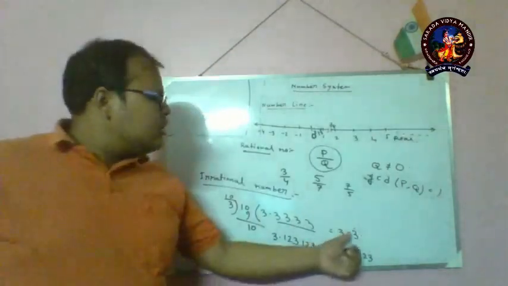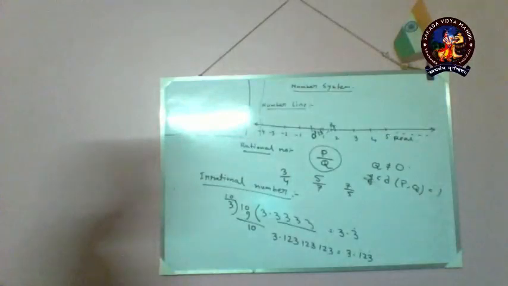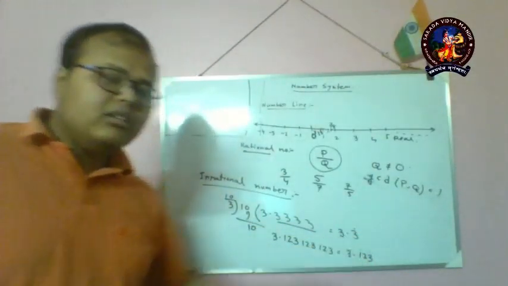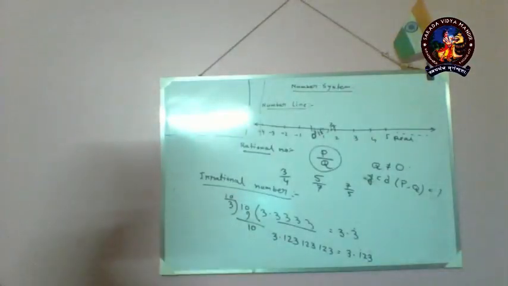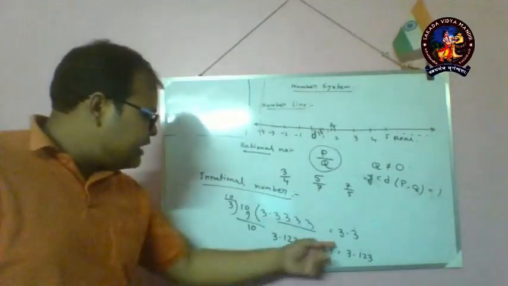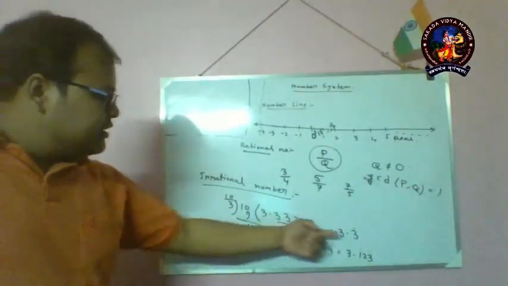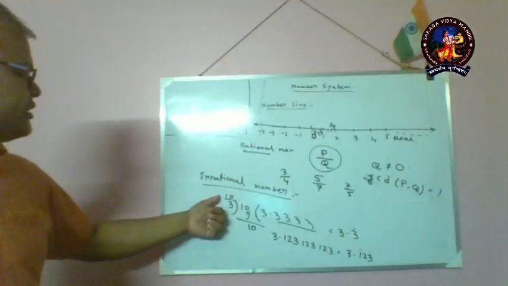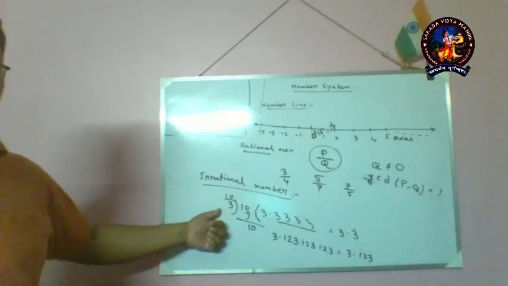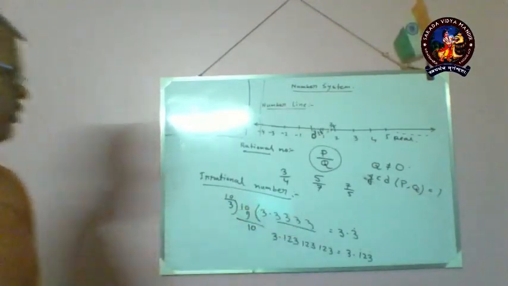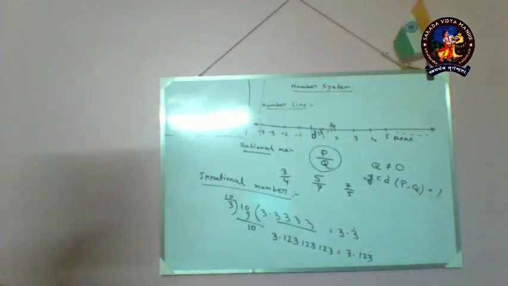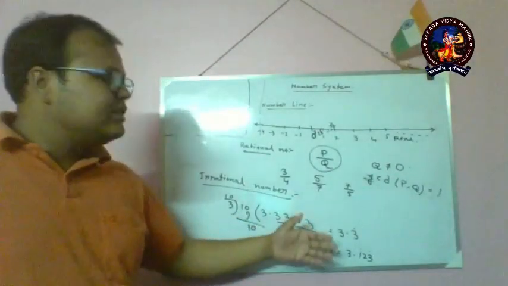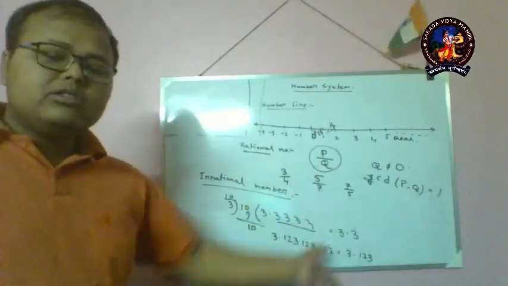So these are called recurring decimals. And if that is a recurring decimal, then also it is a rational number, because it can be expressed in the form p by q, 3.3 recurring can be expressed in the form 10 by 3. So it is also a rational number. So which one is not rational? That one, the number which is non-terminating as well as non-recurring.